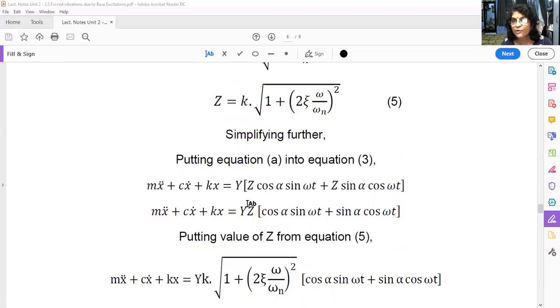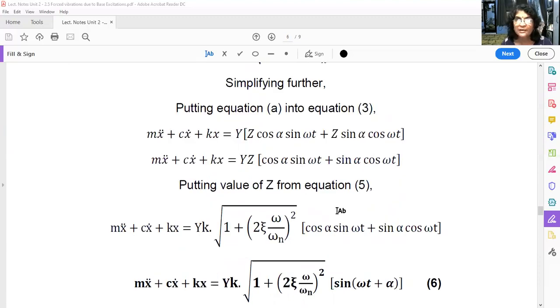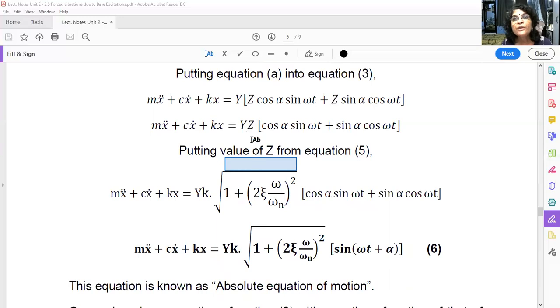Take z also out of bracket. So mx double dot plus cx dot plus kx is equal to yz into bracket, and what remains now is cos alpha sin omega t plus sin alpha cos omega t. That means cos A into sin B plus sin A into cos B.